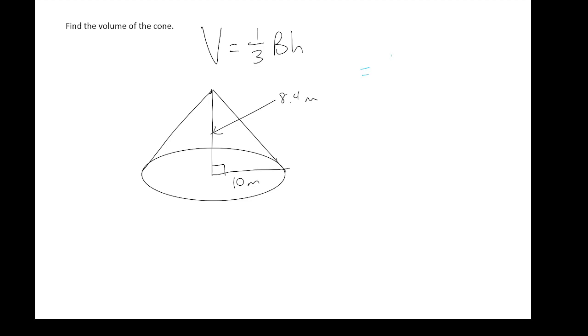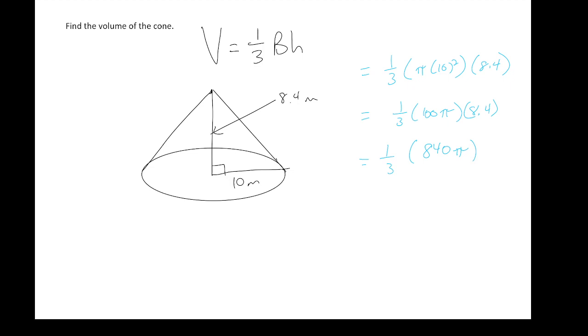It's going to be equal to 1/3 of the area of the base, which is pi times the radius squared, or pi times 10 squared, times my altitude height, which is 8.4. So we just keep on moving here. We're going to have 1/3 times 100 pi times 8.4, which is effectively going to be 1/3 of 840 pi.